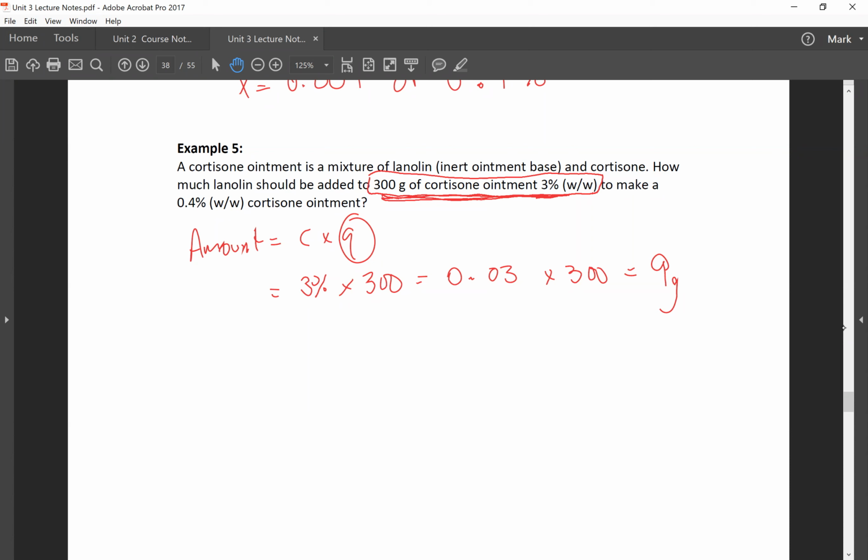I'm trying to figure out how much I'm going to need to make a 0.4% solution. So 0.4% is equal to, how am I going to word this?